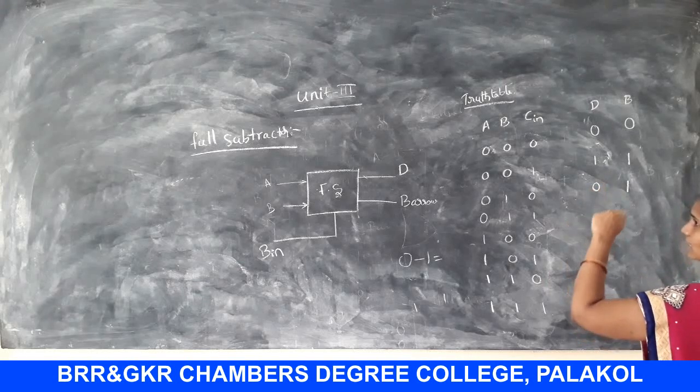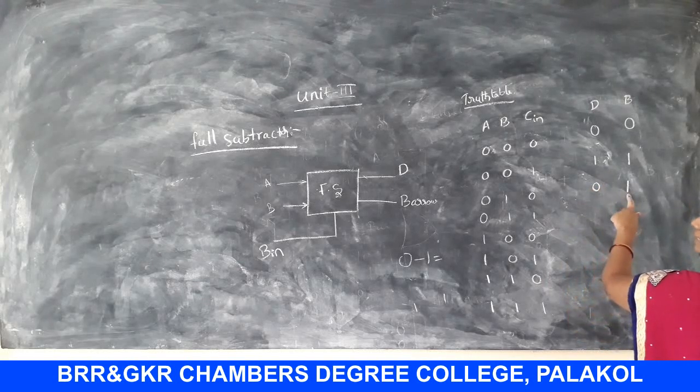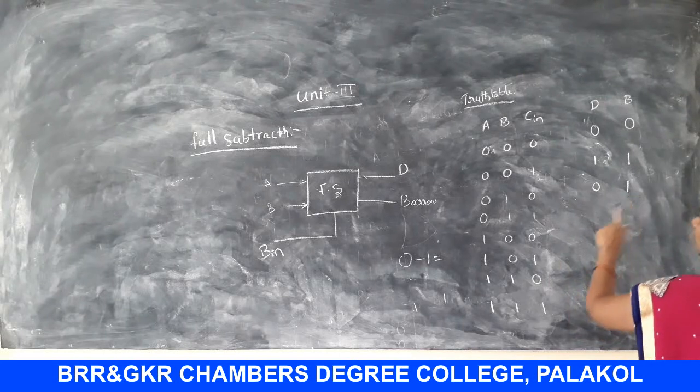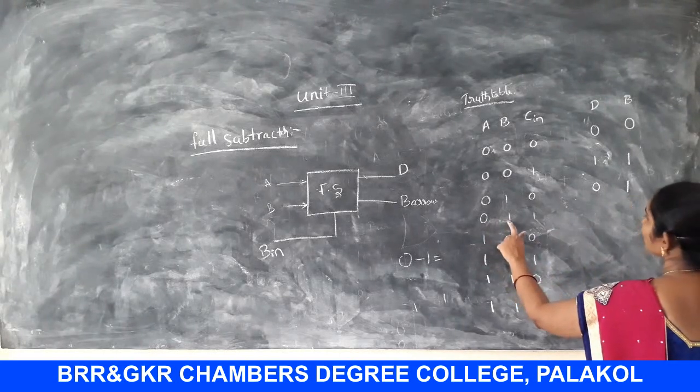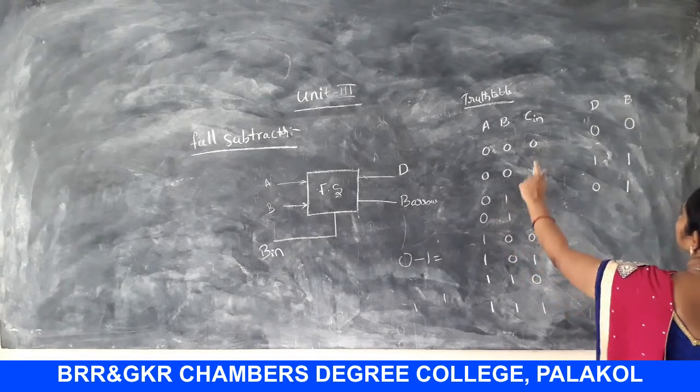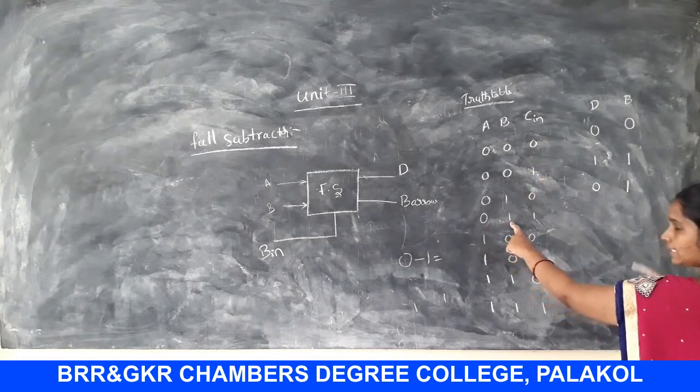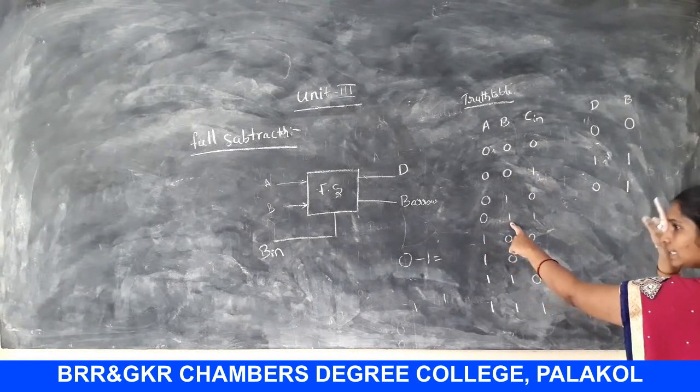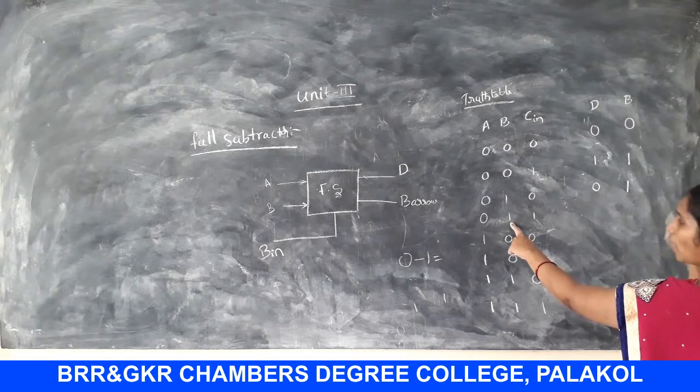Again 1 minus 1 is 0 and the difference is 1 here. And next one is 0 minus 1 here. So 0 minus 1 is difference 1 and borrow 1.